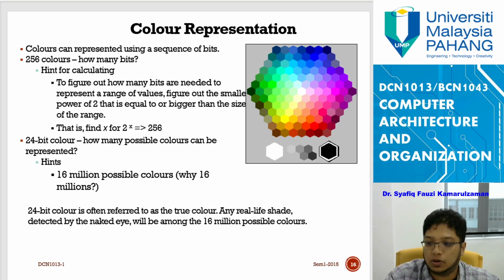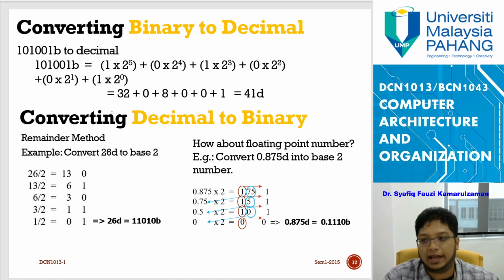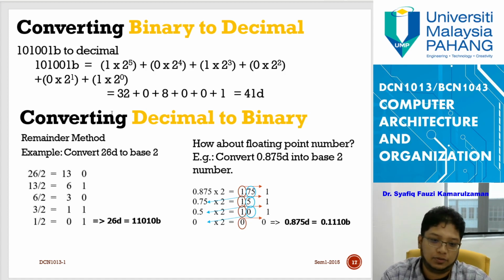Next, I would like to teach you how to convert from those number systems. Firstly, let's take a look at binary to decimal. How do you convert from binary to decimal? The way you convert is each number times 2 power of the number location.